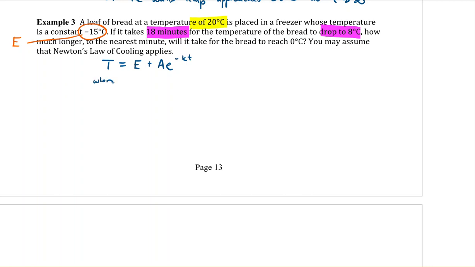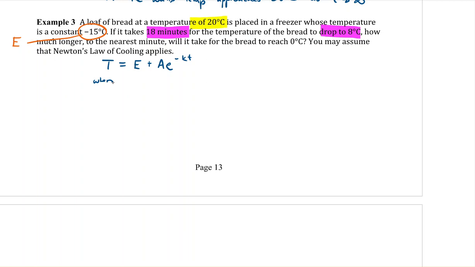What are we trying to find? When we put that loaf of bread in the freezer, we're trying to see how long it's going to take to get to 0 degrees, which is when it's frozen. We're going to start by finding all the other little bits of information.